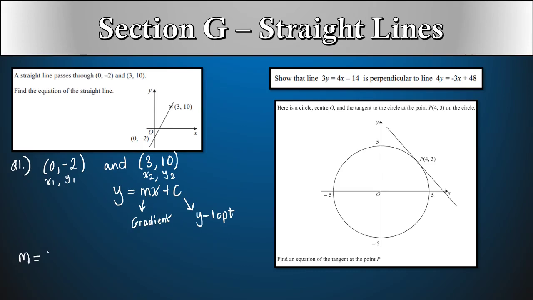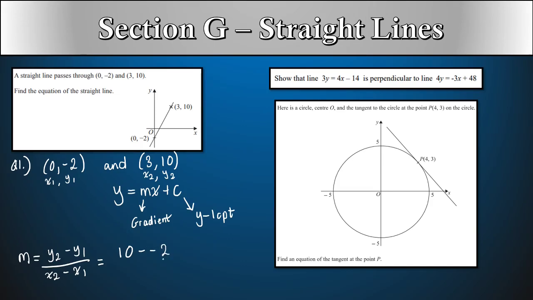So here now, all I do is I use the formula y2 minus y1 divided by x2 minus x1. So it's a change in the y coordinates divided by the change in the x coordinates. So all we need to do is simply calculate that. Y2 is 10, y1 is minus 2. So be careful here, this is y2, which is 10, minus y1, and y1 is minus 2.